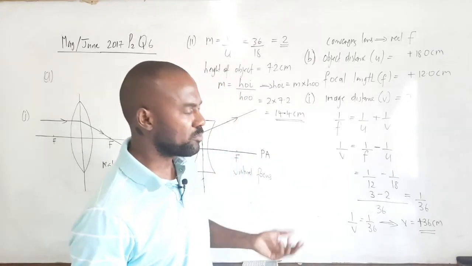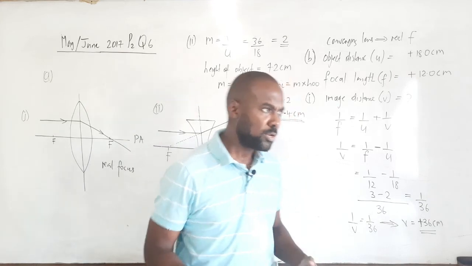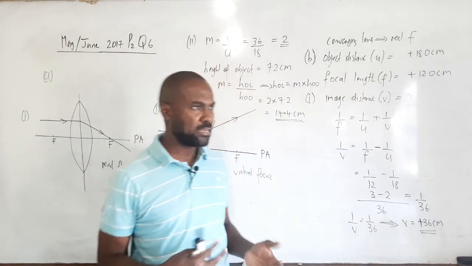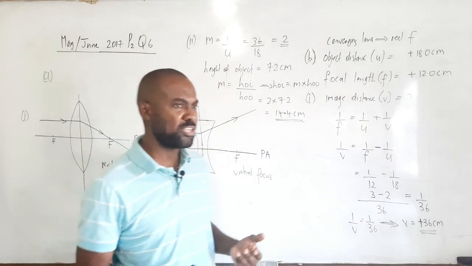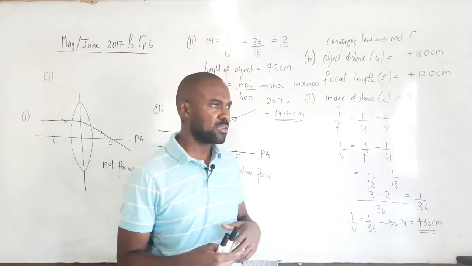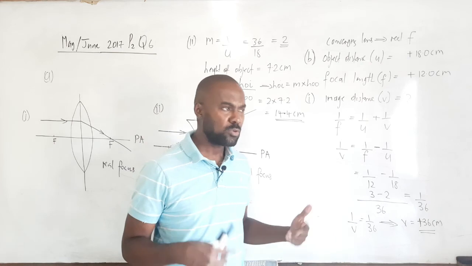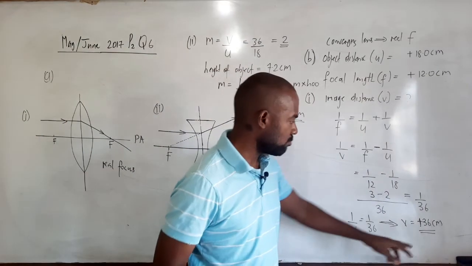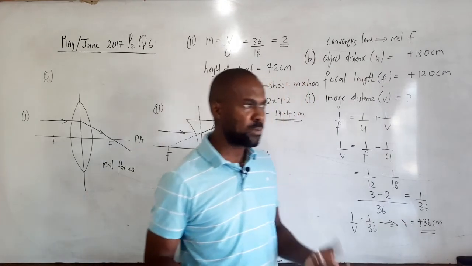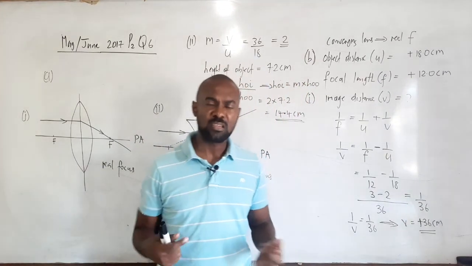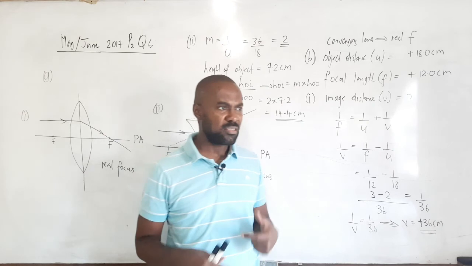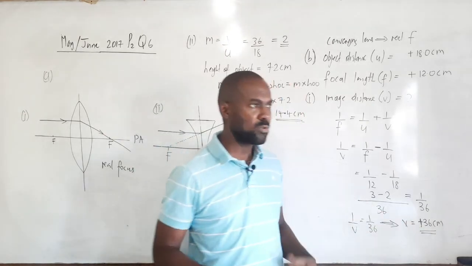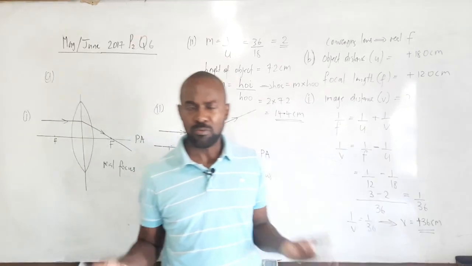But if you had gone on to say the image was virtual due to v being negative, then the answer would have been incorrect, but you might have gotten the mark given that your interpretation was correct based on an incorrect result, right? So once again, if you had made the mistake and transposed these and gotten minus 36, then you'd have probably come to the conclusion that the image was virtual, but that interpretation would have been correct based on the minus 36, but it would have been incorrect based on what was expected from the question, right?